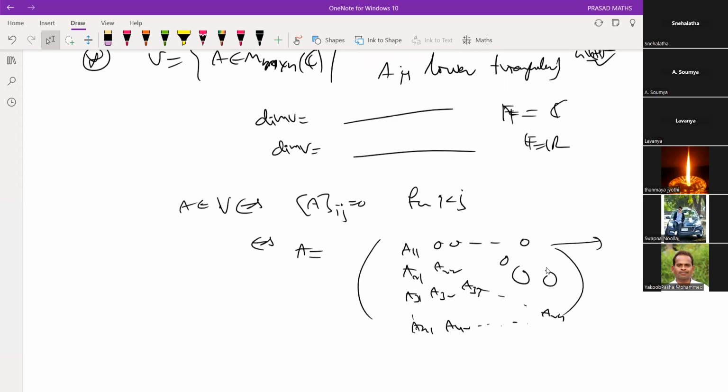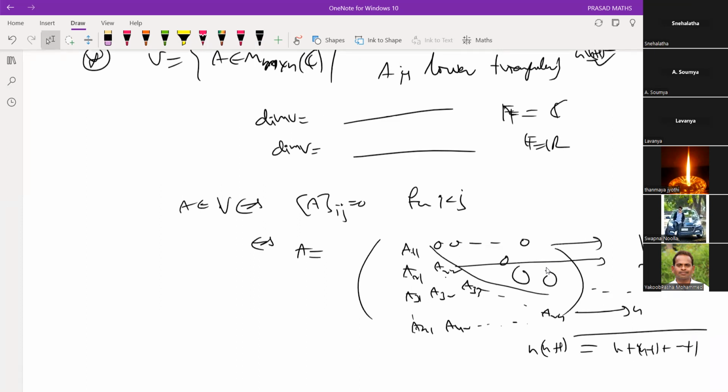How many free variables in the first row? Only A11, so 1. In the second row? Only A21 and A22, so 2. Going on, the nth row has n. The total sum is n into n plus 1 by 2. This is the dimension. Over C it is n into n plus 1 by 2, and over R the dimension is also n into n plus 1 by 2.